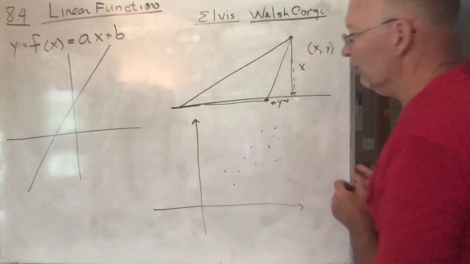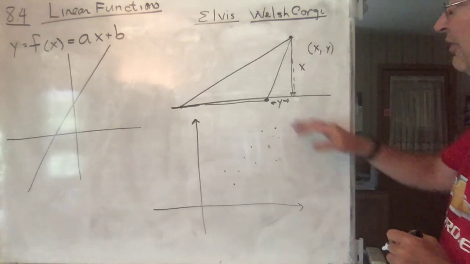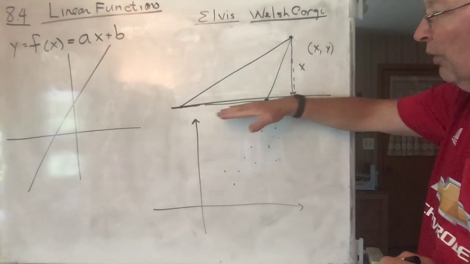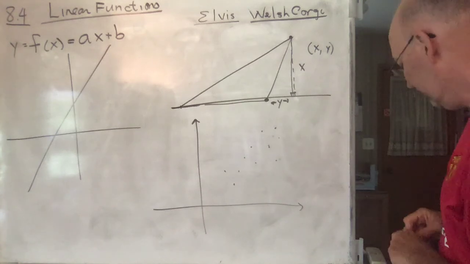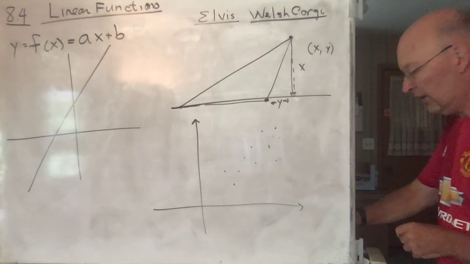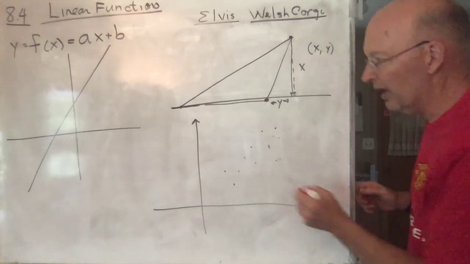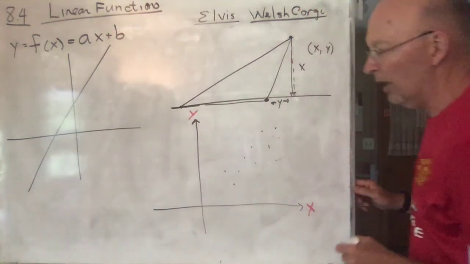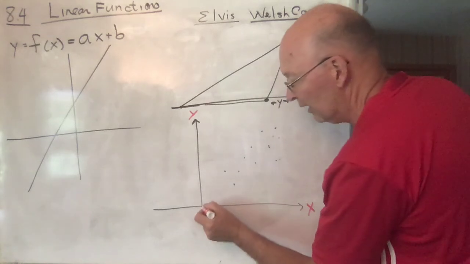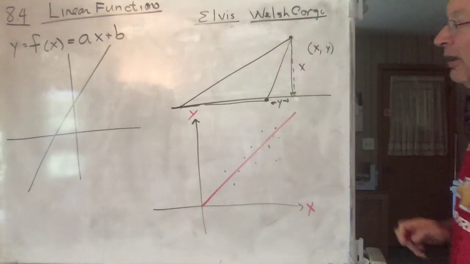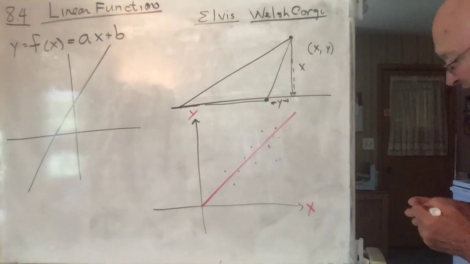And it turns out that when I did the mathematics to determine what would have been the best choice for Elvis to jump in, here's the X coordinate, there's the Y-axis, this red line right there was his best choice.